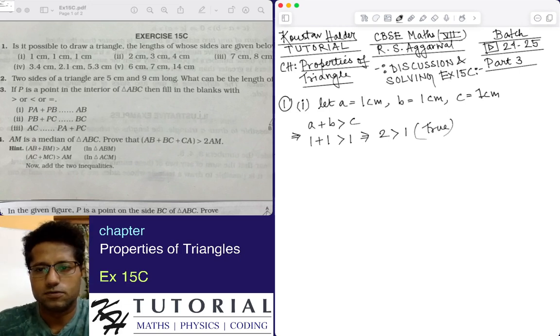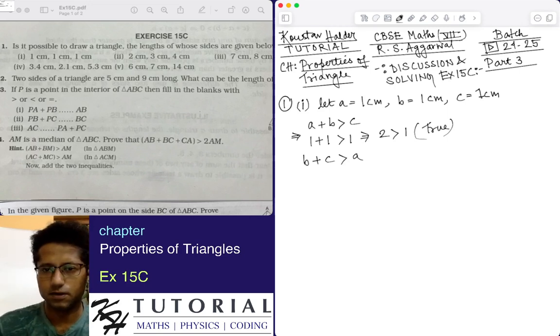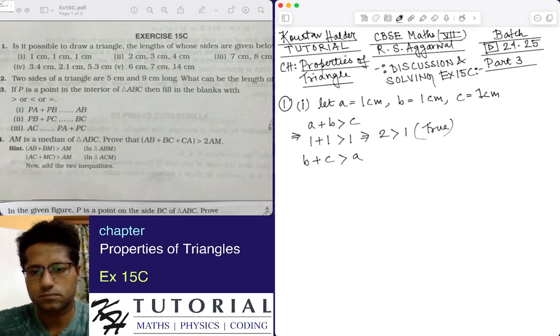Also we have to see that B plus C must be greater than A, and obviously since all the lengths are equal, that is 1 centimeter, it will obviously hold, that is B plus C will also be greater than A. So we will have 1 plus 1 greater than 1.